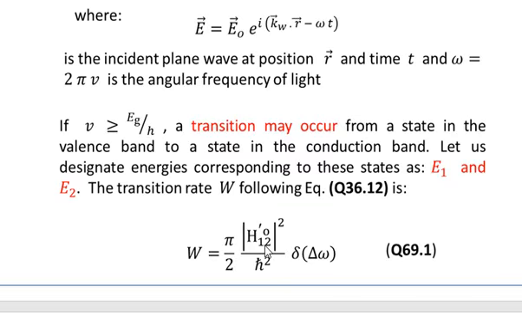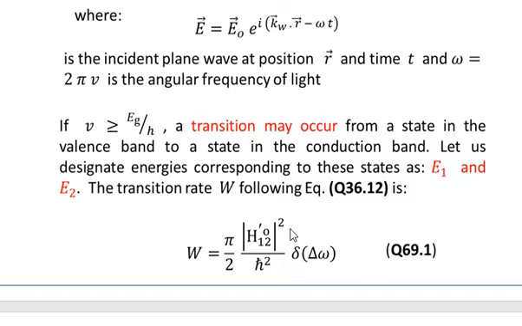We have also written this H prime for the atom which was unperturbed, that is, without the influence of the electromagnetic wave, and H prime also involves H naught, where H naught is the Hamiltonian of the system in the absence of the electromagnetic wave.